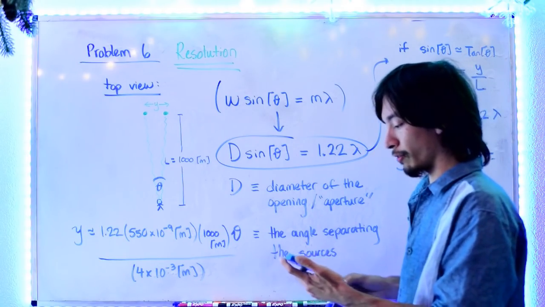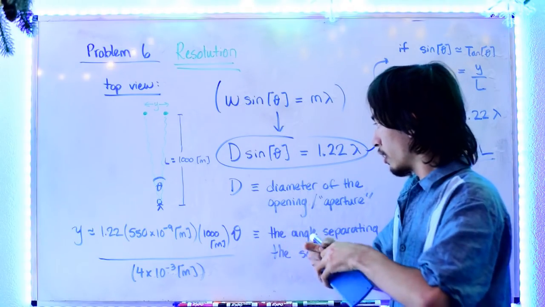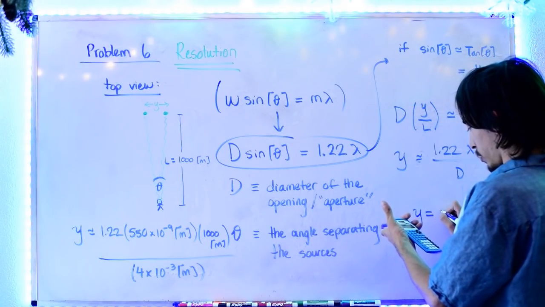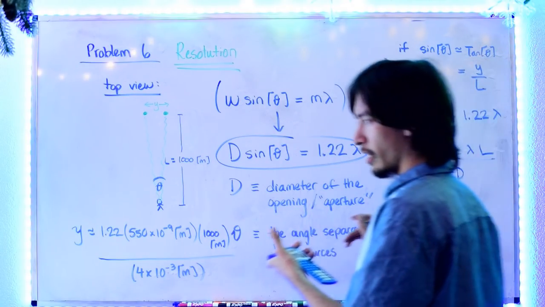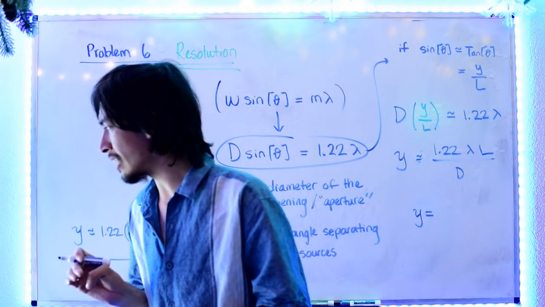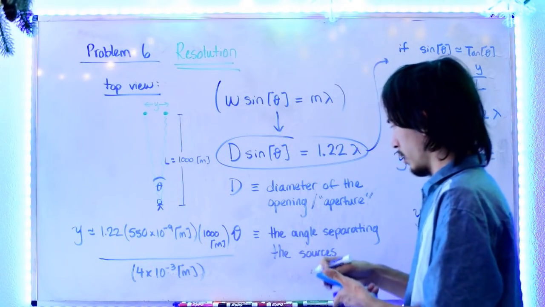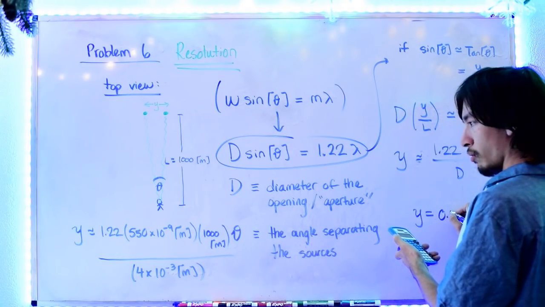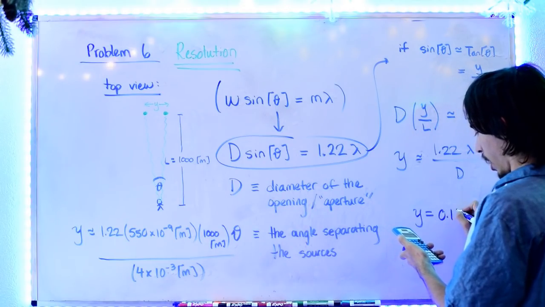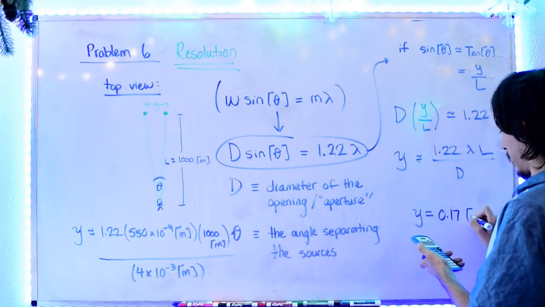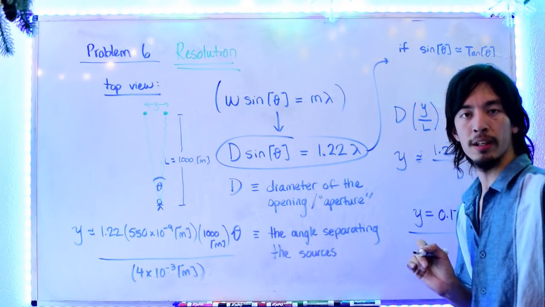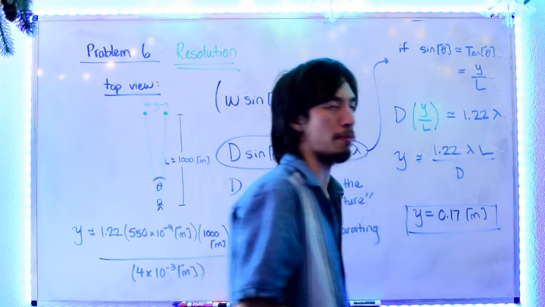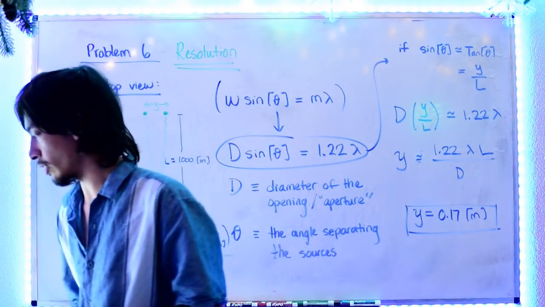Okay, so we get for this one that y equals, let's put this in, because I give it to you in meters, 0.16. I might be off a decimal place on this. Let's find out. I get 0.17 meters. Let me know if you get the same thing. Otherwise, I think the answer choices might be off by a whole decimal place. So let's figure that out.